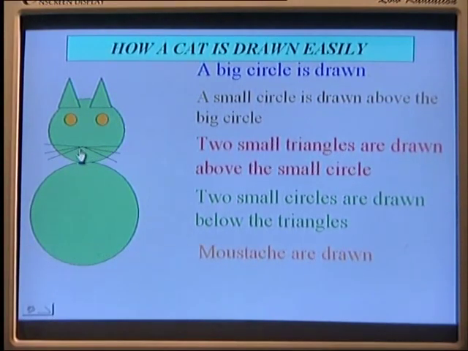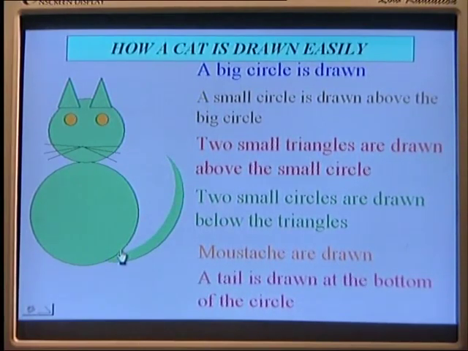Then a moustache is drawn within the small circle, and a tail is drawn at the bottom. So here we have used all the sentences in passive voice, and there is no doer at all. So, there is no need to mention the doer's name. Then you can use the passive constructions without a by.